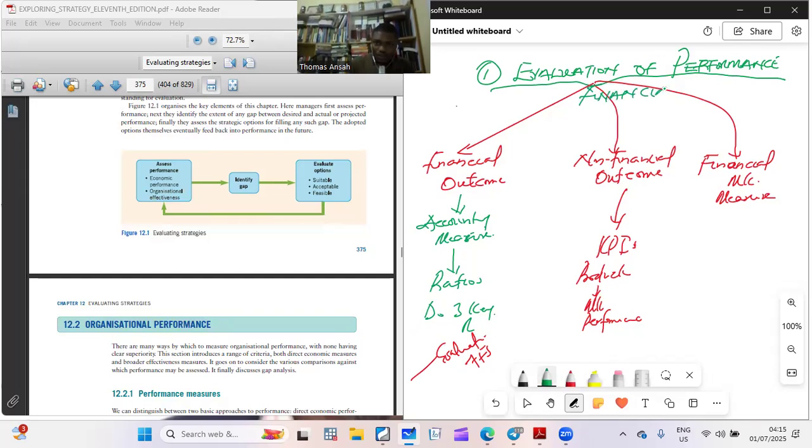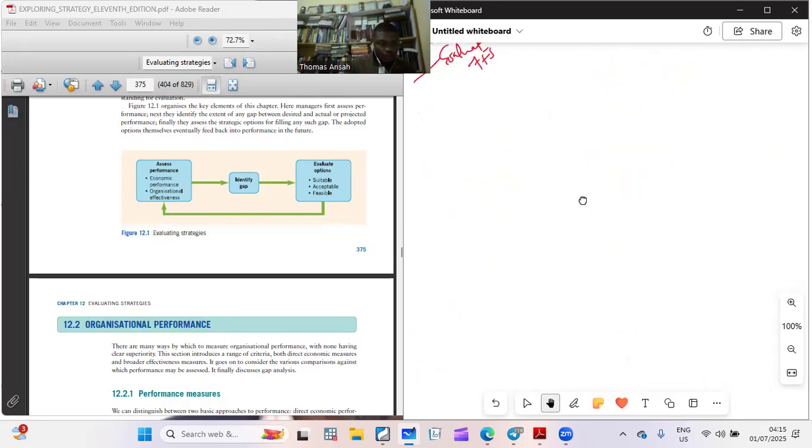Again, we will go ahead to use another method of evaluating the performance, and that will be benchmarking the KPIs.